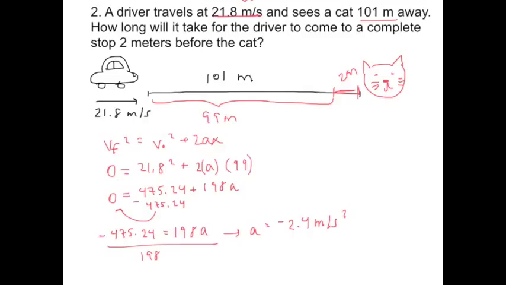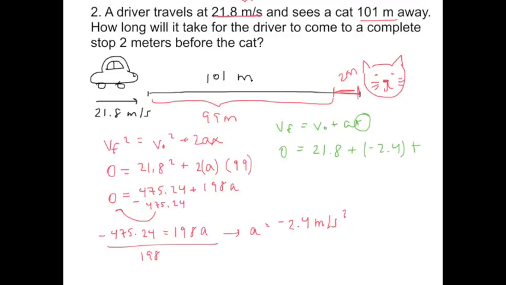So once we know the acceleration, we're going to use this equation that we got from before, v final equals v initial plus at. That will allow us to solve for the time that it takes the driver, t, to stop before hitting the cat. So once again, we have this final velocity 0 equals initial velocity 21.8 plus acceleration, we found that, negative 2.4 t.